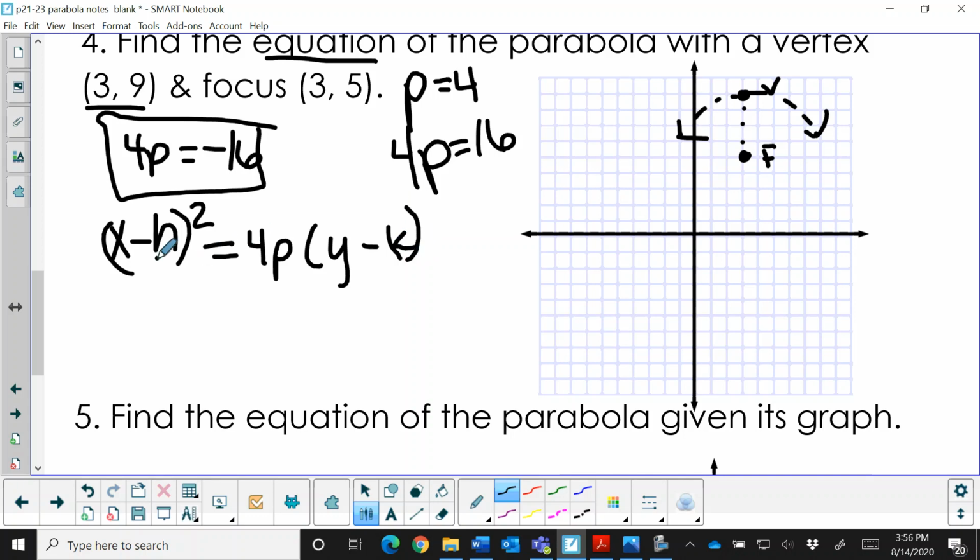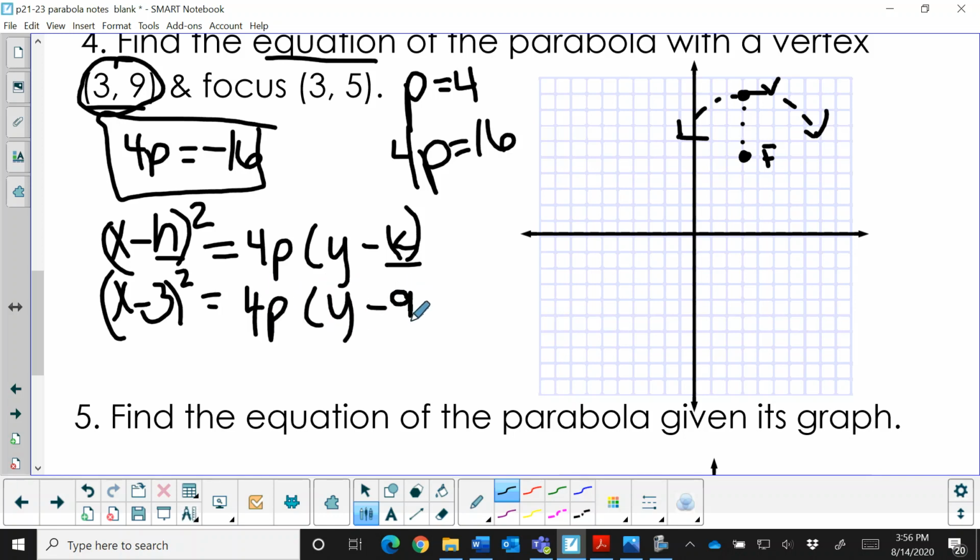Now, we know h and k is the vertex, and we have that. So let's plug in a 3 and a 9. So it's going to be x minus 3 squared is equal to 4p times y minus 9.